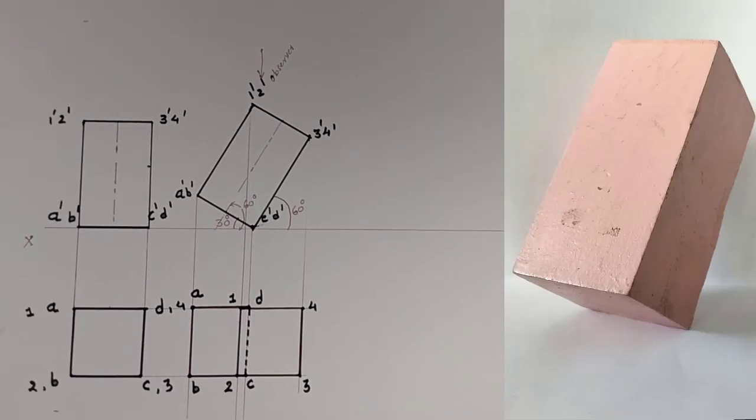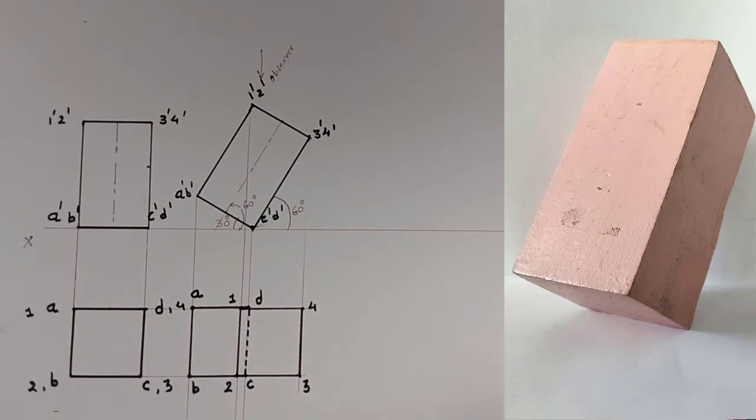Now the third stage of the problem says the side of the lower base CD is inclined to VP at 45 degrees. For that, what we do?